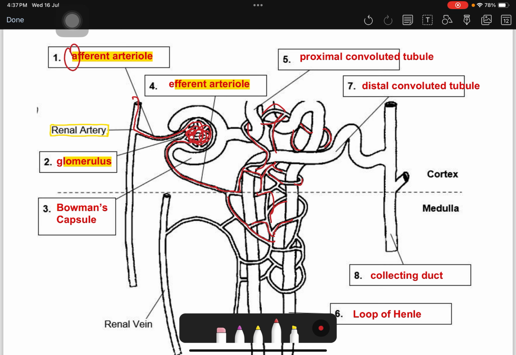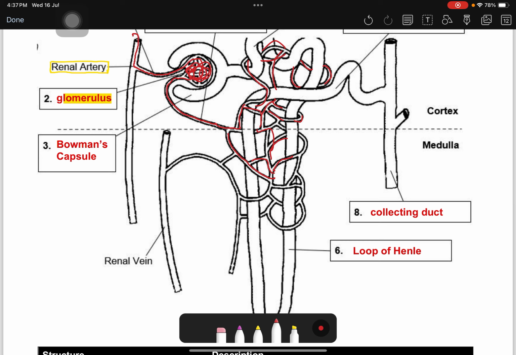And then it will combine into a venule. You can see over here, it will combine back into a venule, and then multiple venules will combine into a renal vein that will bring the clean and filtered blood out of the kidney.